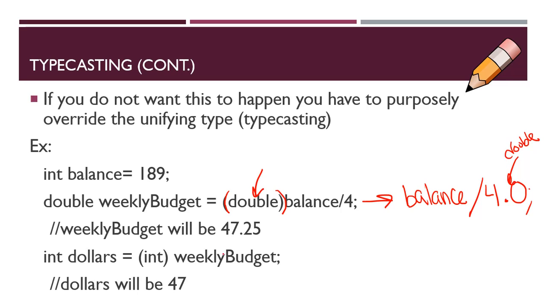So with weekly budget, which was 47.25, I can typecast it to an int, and it would make it 47. So it's not going to round, it's literally going to truncate. What I mean by truncate is cut the decimal portion off. So if you typecast to type int, you will truncate the decimal. You're going to cut the decimals off the value.